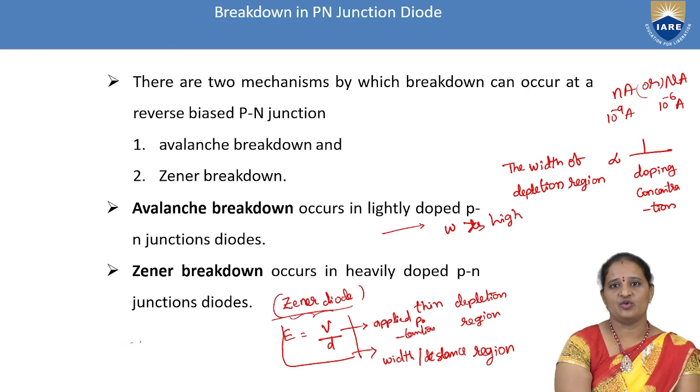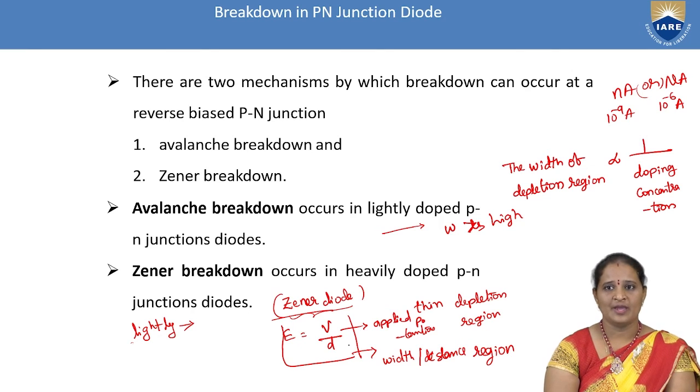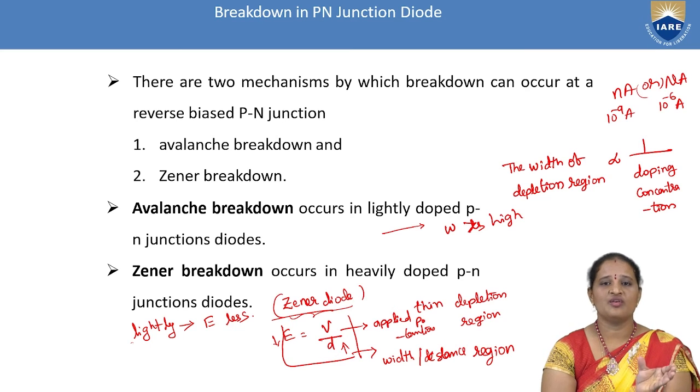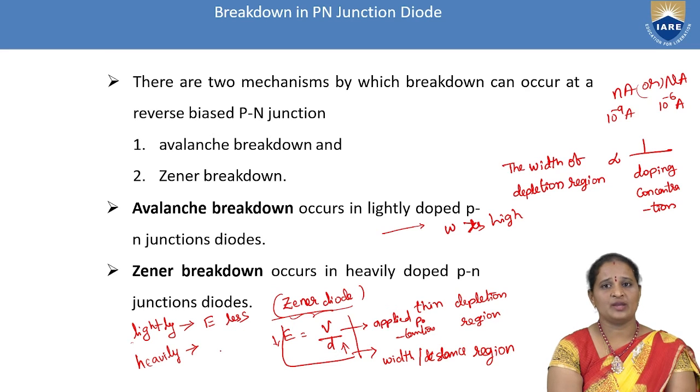In lightly doped diodes, as you know, the width of the depletion region will be high. As this value is more, what happens to the electric field intensity? It will be less. That means near the junction we have less electric field intensity. Whereas in heavily doped diodes, this point you have to remember, as the depletion layer width is very thin, that is reduced, the electric field intensity will be more.